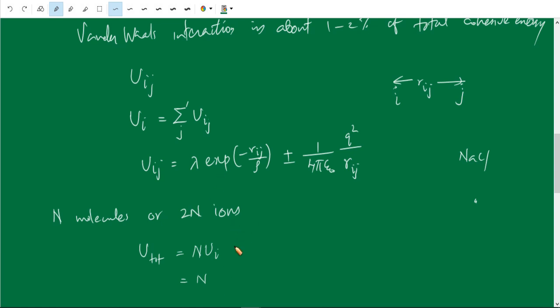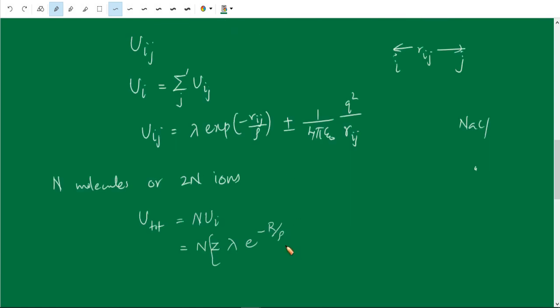If there are z nearest neighbors, the sum is z times lambda e raised to minus r by rho, where r is the nearest neighbor distance, minus 1 by 4 pi epsilon 0 times the summation of plus or minus q square by rij.